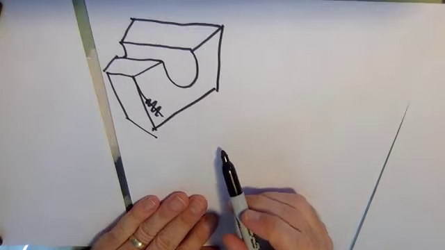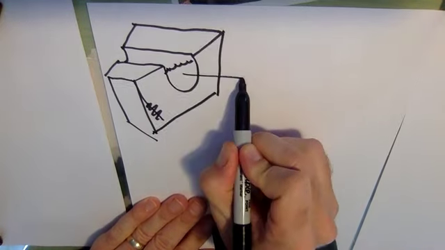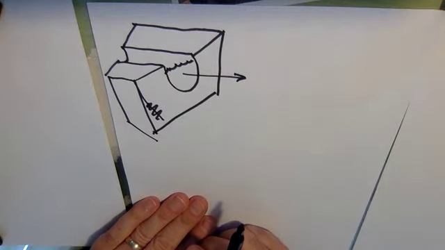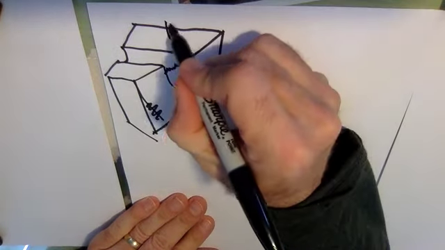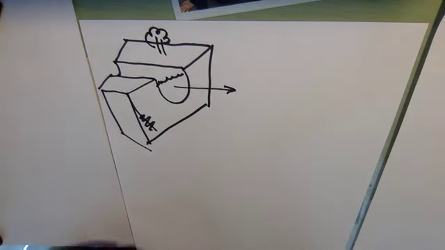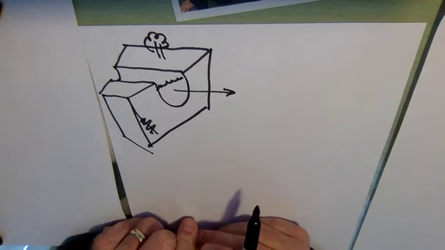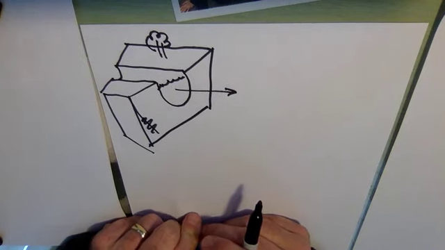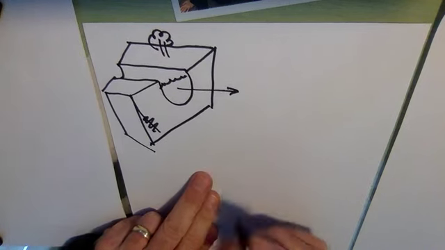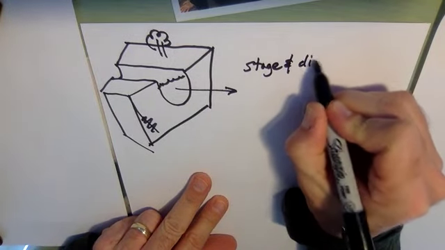So here's a stream channel, and the water is right in here, and it's flowing out this way. Okay, so this is the land surface. So the two most important parts of a stream that we care a lot about are called the stage and the discharge.